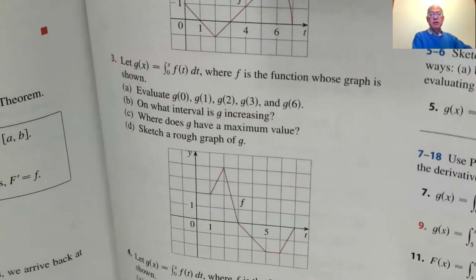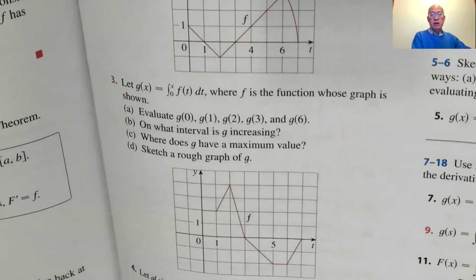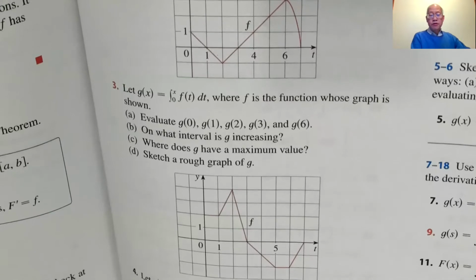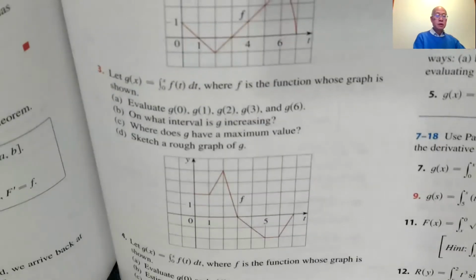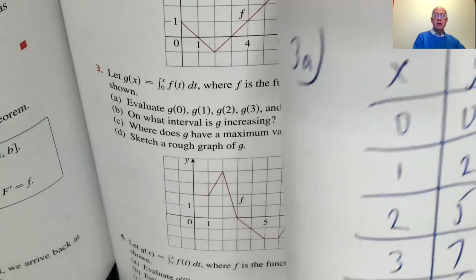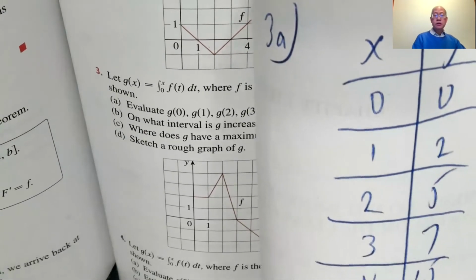Okay, 3a is somewhat similar. Integral from 0 to x. So from 0 to 0, I can show you both at the same time. From 0 to 0, you have 0. From 0 to 1, looks like there's 2.